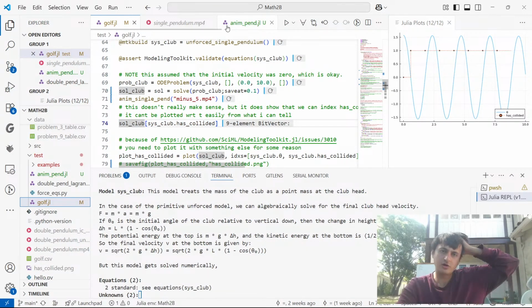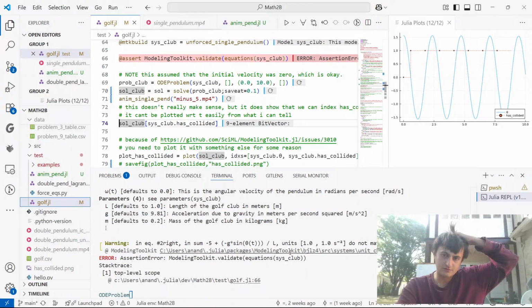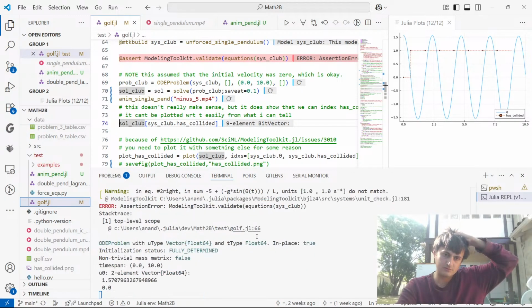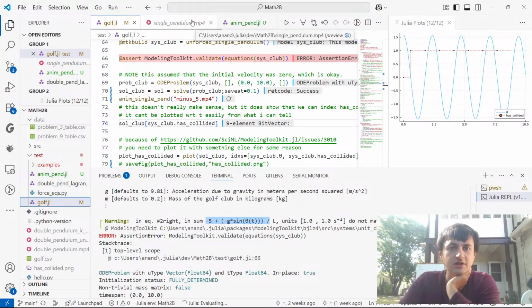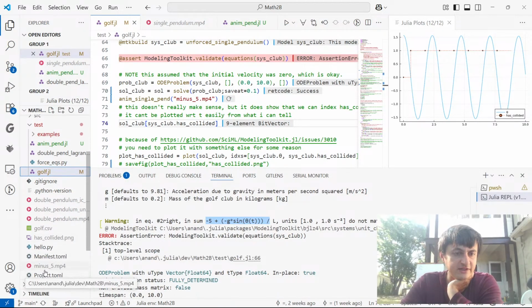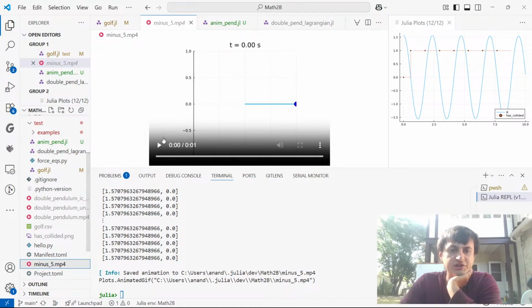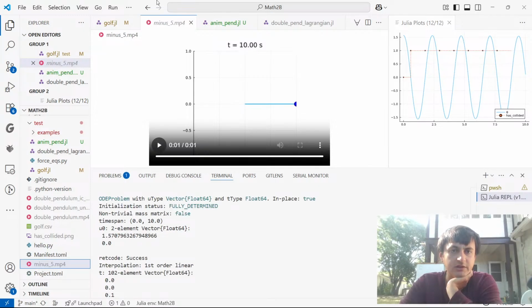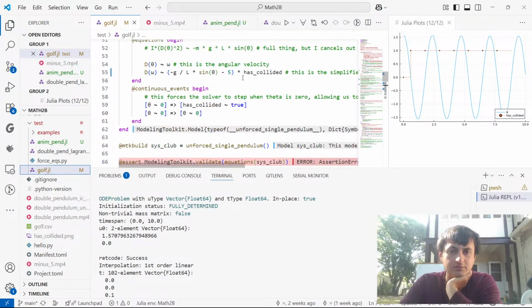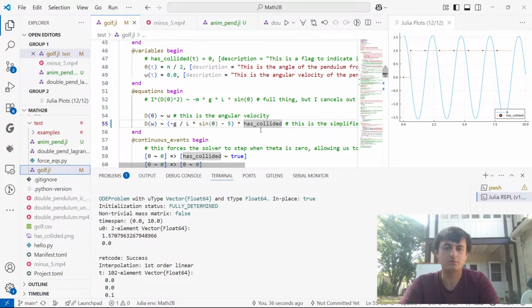So it should turn off in sum minus 5. Yeah, so that checks out. All right, so we want to look at minus 5. And it should, what just happened? Why didn't it, why is, because has collided, oh.